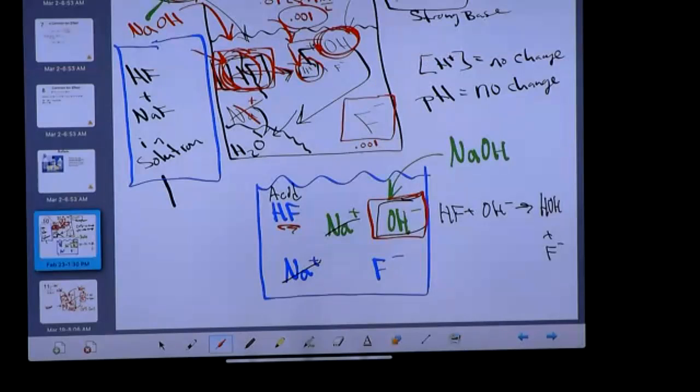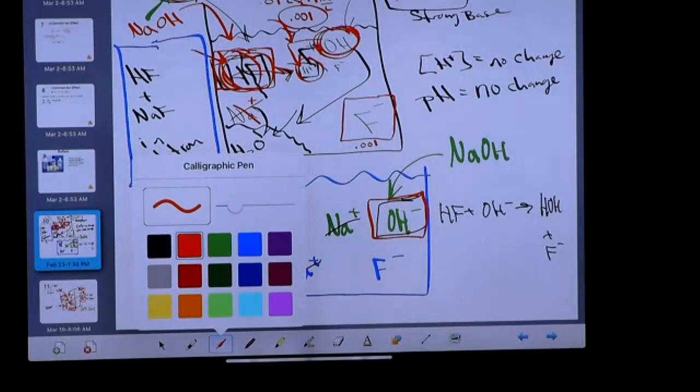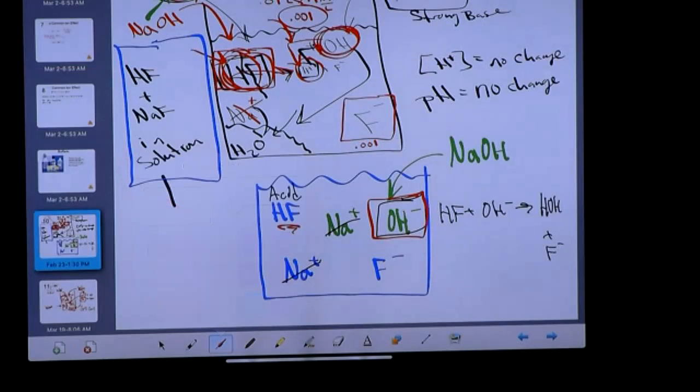Okay, so now let's talk about this. We'll put this in this nice, lovely burgundy color. All right, and we'll add to this solution some HCl. So we end up with Cl minus, which we're not going to care about, but also some H plus, right? Which should cause the pH to plummet, right? But is there anything in here that will react with the H plus?